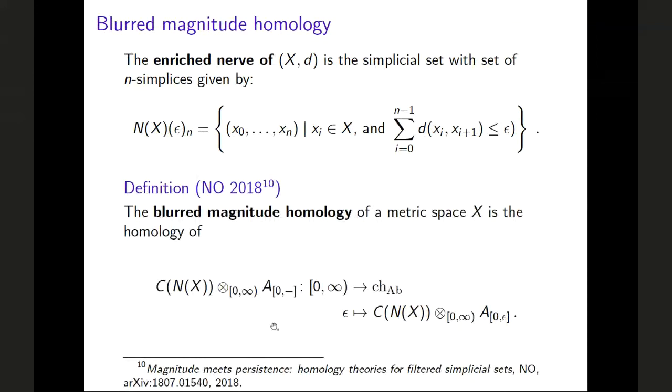And so what this is here is, we have this filtered simplicial set, and then we are taking unnormalized simplicial chains. And we are tensoring this with a functor of coefficients that is supported at intervals. And this symbol here would be a coend and so on. The details here do not matter.